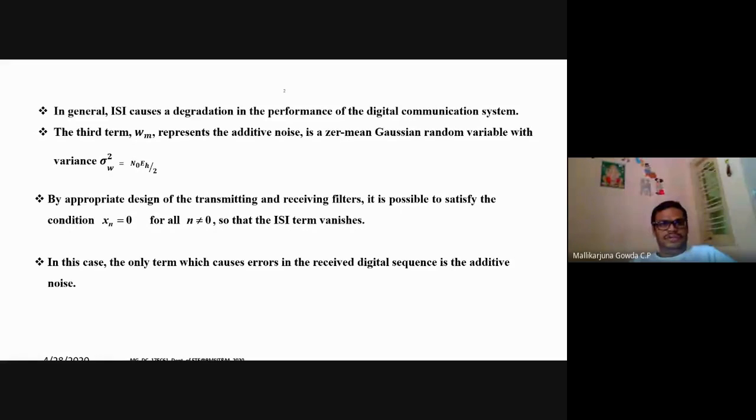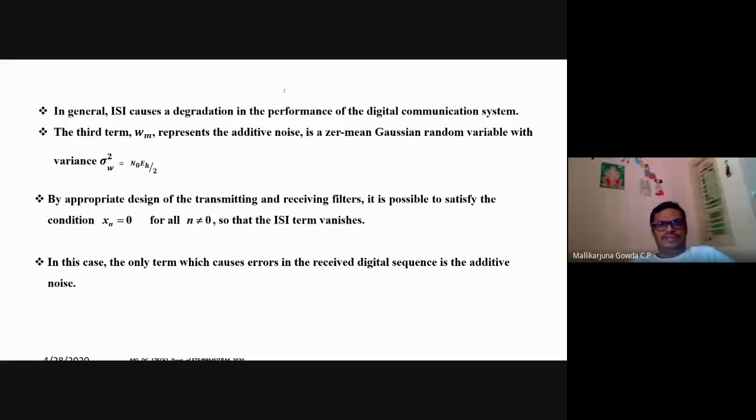So, to conclude this topic, by appropriate design of the transmitting filter and the receiving filter, it is possible to satisfy the condition xn equal to 0 for all n not equal to 0, so that the inter-symbol interference term will vanish, meaning the second summation term should vanish. Then the second term will be vanishing.